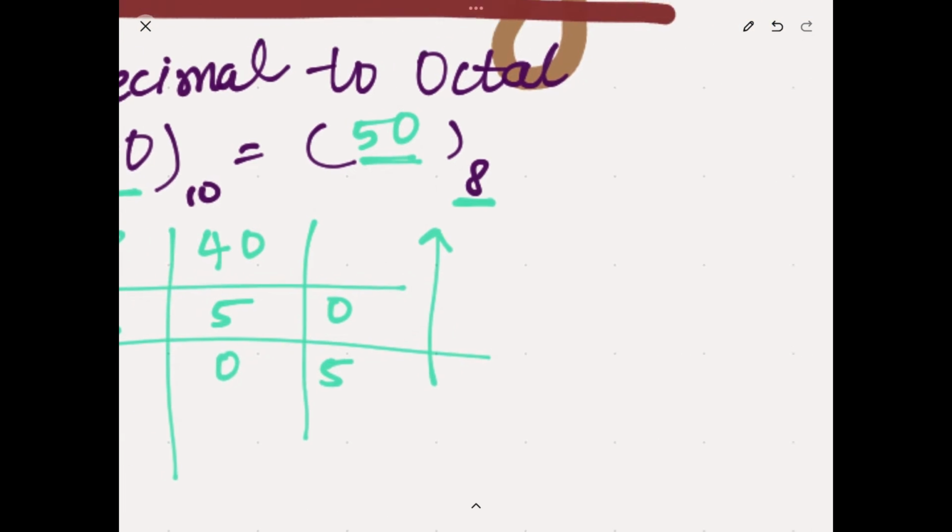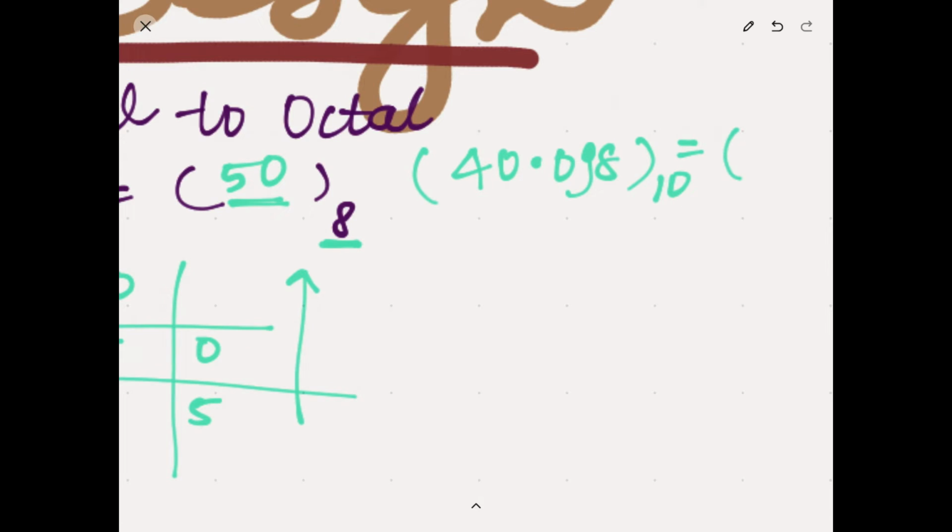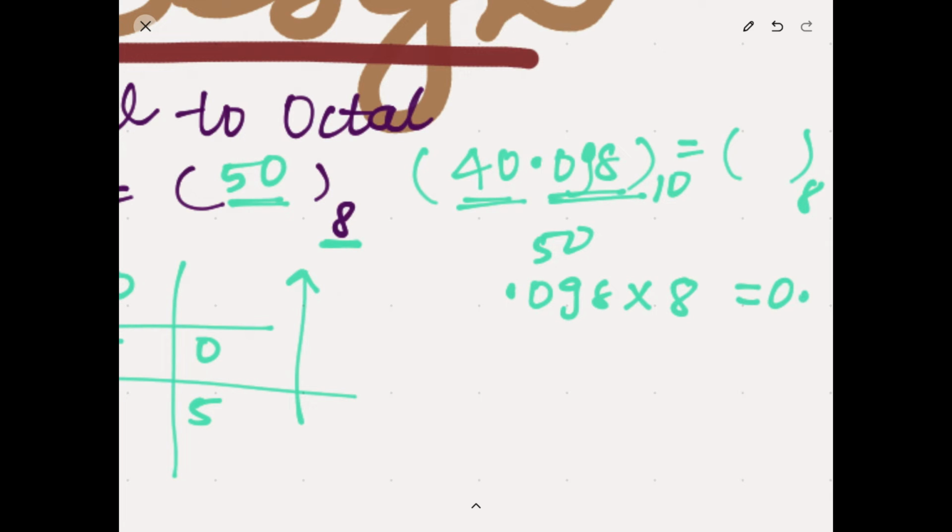Suppose there were some number like 40.089 or something like that, or 98 here. If this were its octal value, what we know is the whole part comes out to be 50. For the fraction, we would go ahead and multiply the given number again by 8. 0.098 into 8 gives us 0.784.